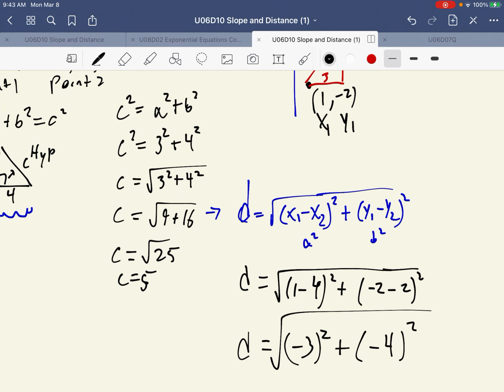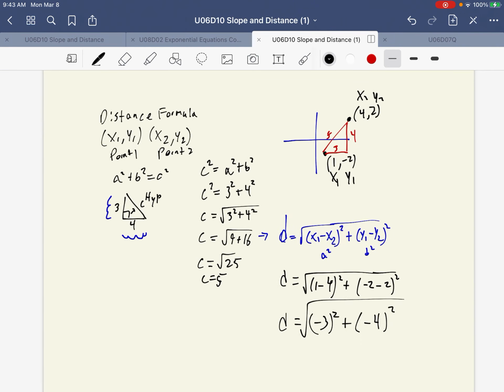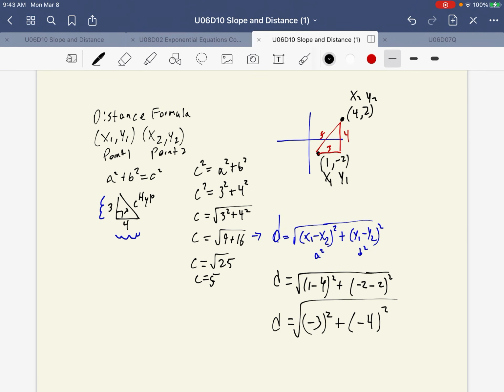Now do note that these are negative values, but it doesn't really matter because when you square them, they will become positive.